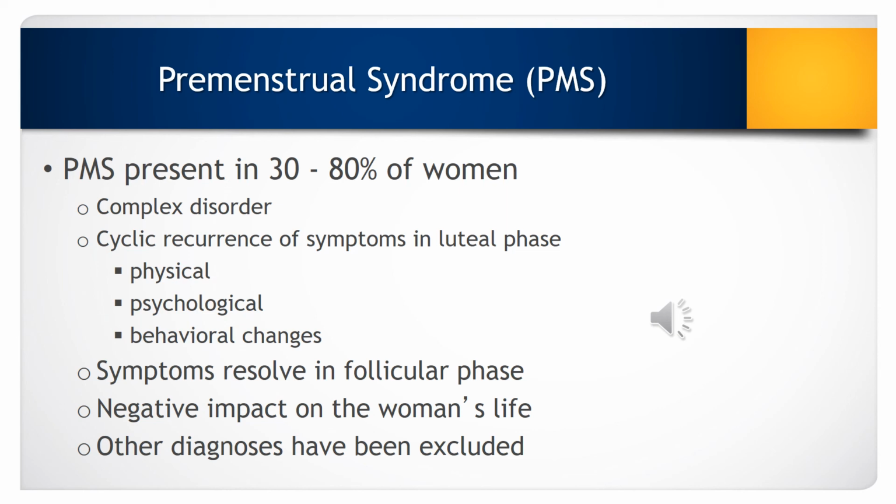It is a complex disorder that has been trivialized in the media and on TV, and it is just now coming into the forefront as a real condition that women experience, and so the stigma associated with PMS is starting to decrease.